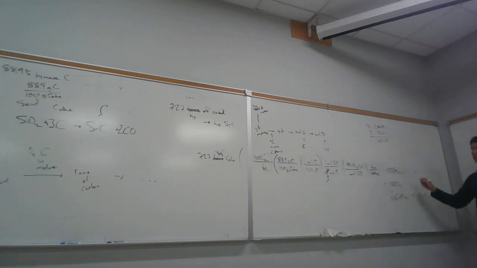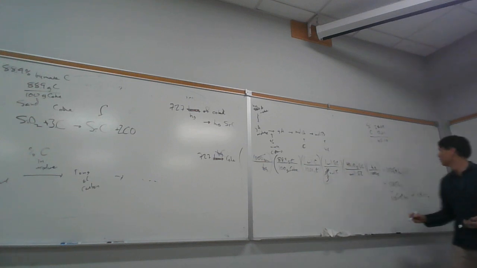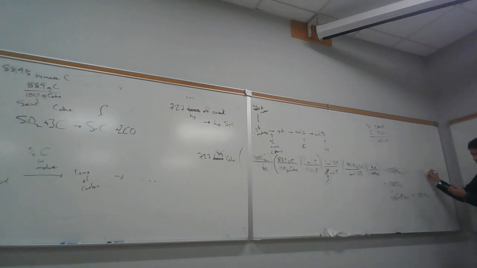So the corrected answer should be 719.3 kilograms of silicon carbide, which is going to round to 719 kilograms of silicon carbide. Is that what other people got?